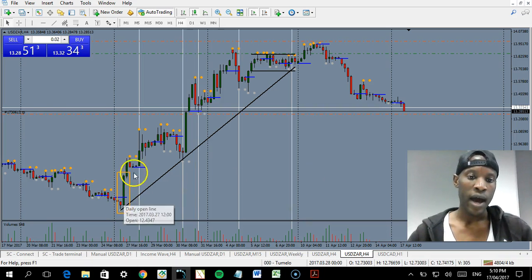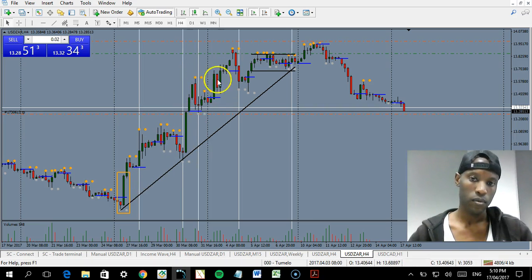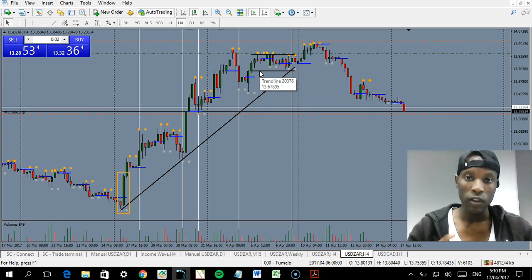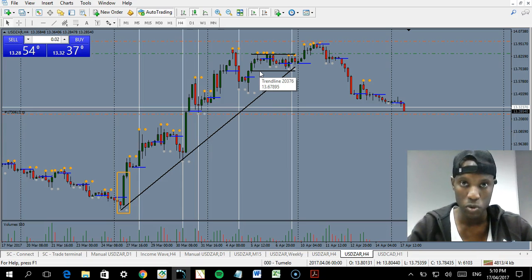So we see high levels of volume in the dips and pullbacks in this bullish move. Now what this told me was that the banks were in this move and that the banks were getting ready to sell. Yes, the banks were getting ready to sell.